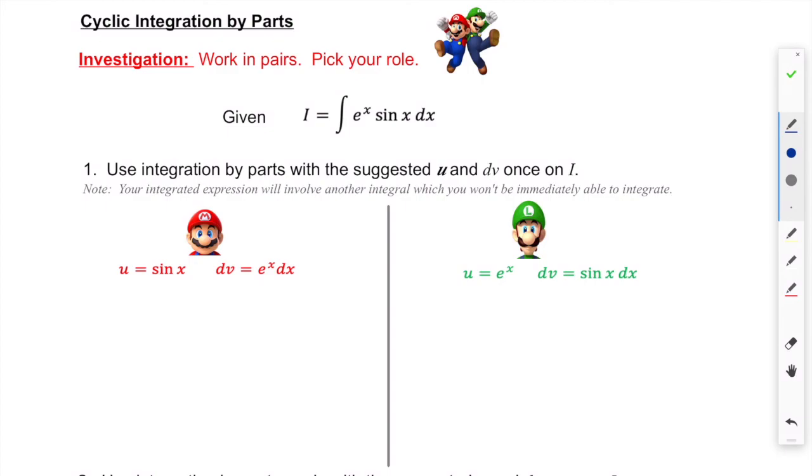Now, if you're working in class, I would like you to work in pairs and pick your partner, so one of you is Mario, one of you is Luigi, and then you're going to pick a role and try to find the integral of e to the x sine x dx using different substitutions.